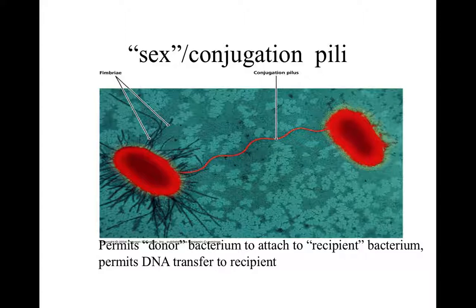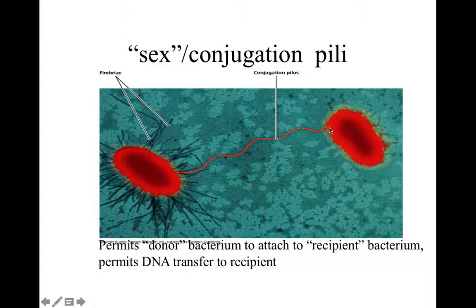So in response, the donor then is going to start to synthesize this long sex pilus, conjugation pilus, made out of little protein subunits. It gets longer and longer, and then at the end there'll be special proteins that bind to surface receptors on the recipient.